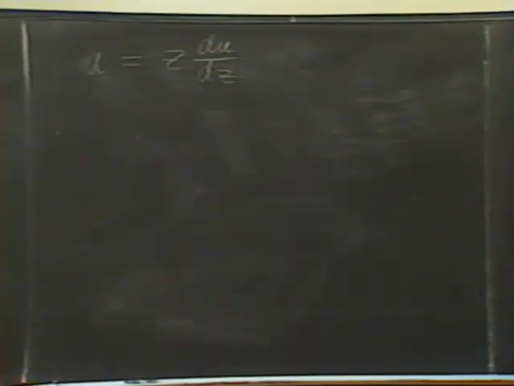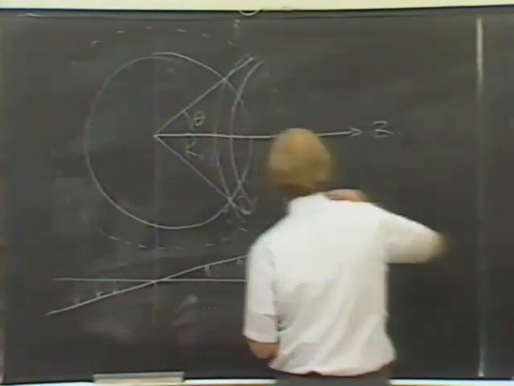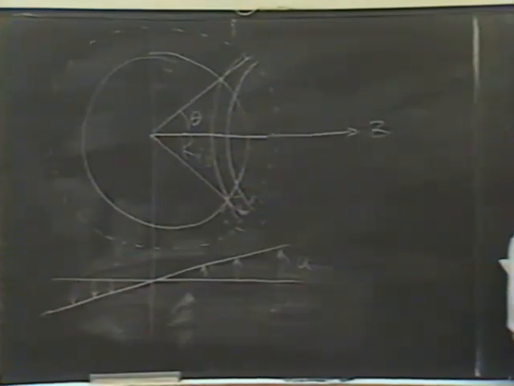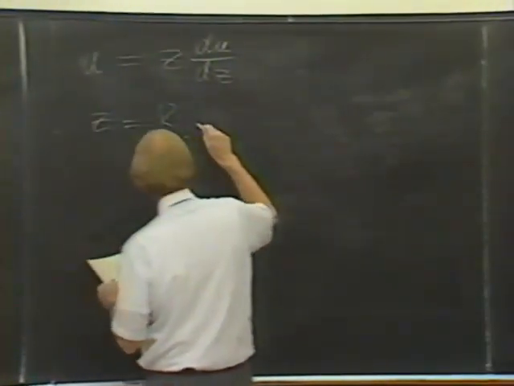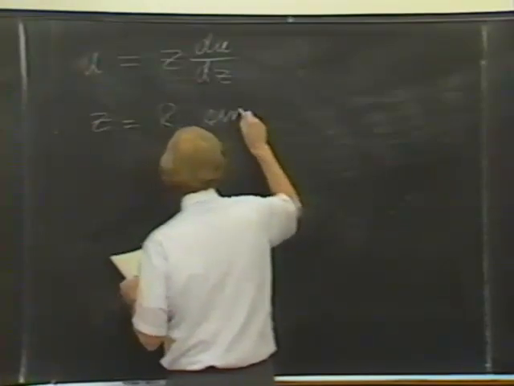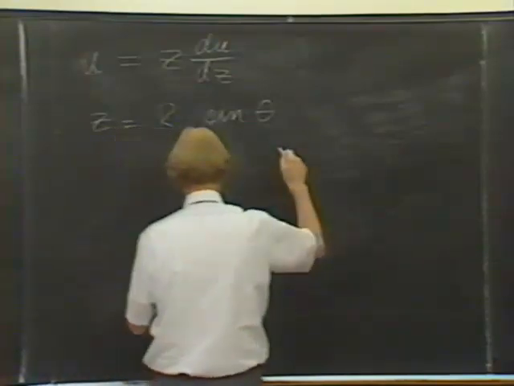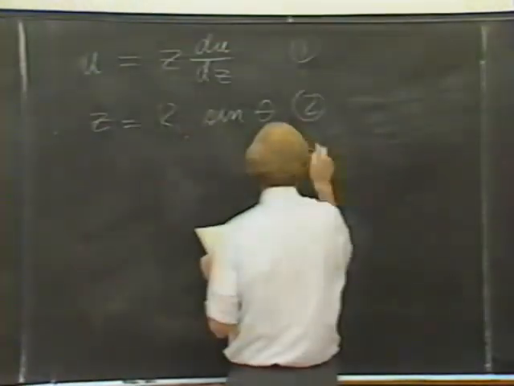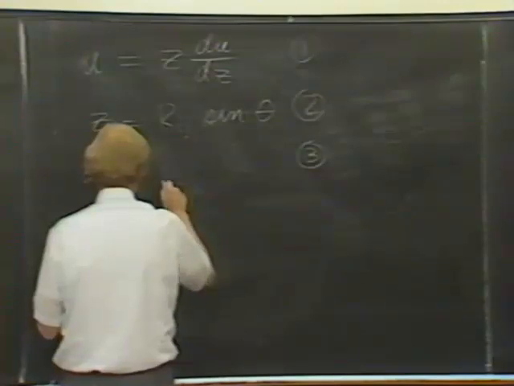Okay. And Z is equal to Rij sine theta. And because I'll need it later, call this 1, 2, and 3. I'll take the derivative of this, dz is equal to Rij cosine theta d theta.